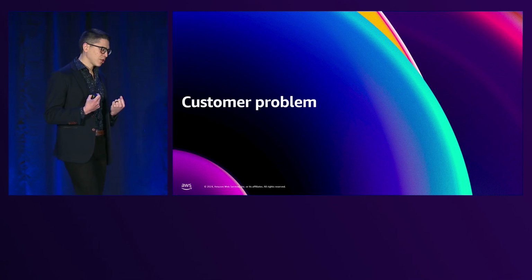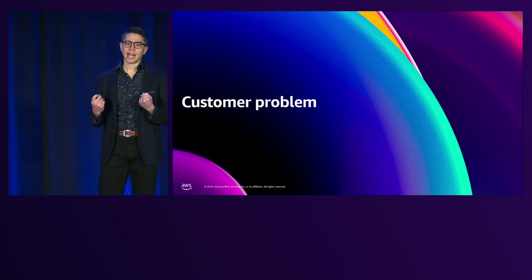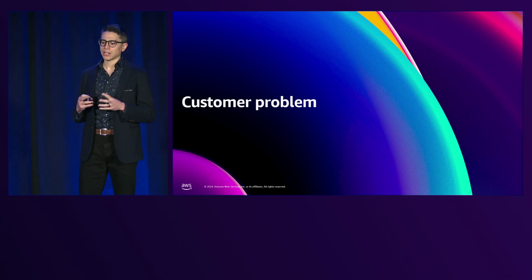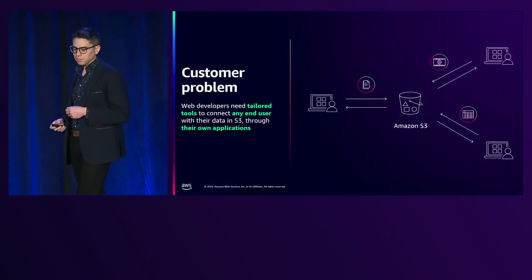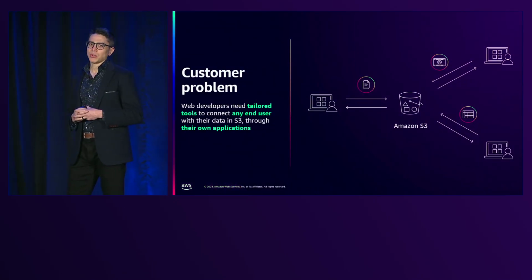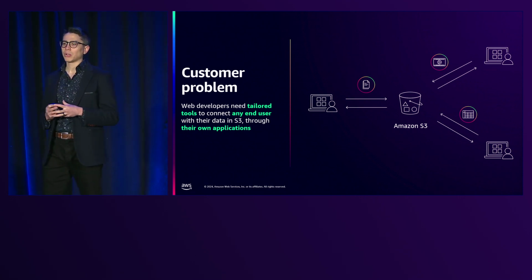And now let's transition to talking about a problem that customers faced when it came time to doing exactly that, and to delivering a meaningful experience in their same applications by providing their end users with access to data in S3. You see, many of our customers have a lot of end users, including their customers, their third-party partners, and their employees.